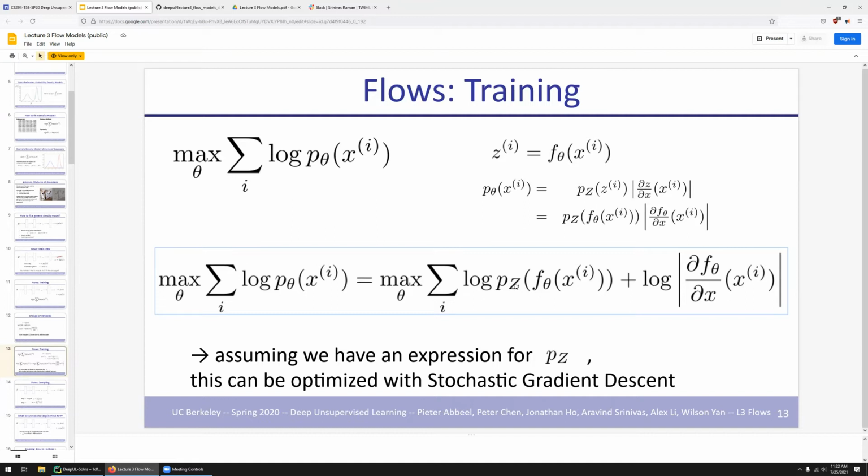And again, I'm also trying to understand as we go along, but assuming that the probability distribution of Z, the PZ, is a uniform normal, then what you do is you take the log of f theta of xi, which is the log term, and then you pass that in.